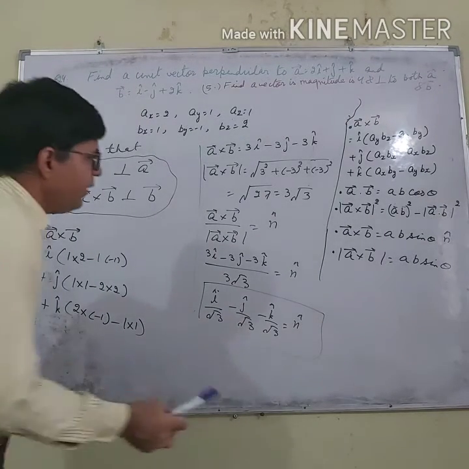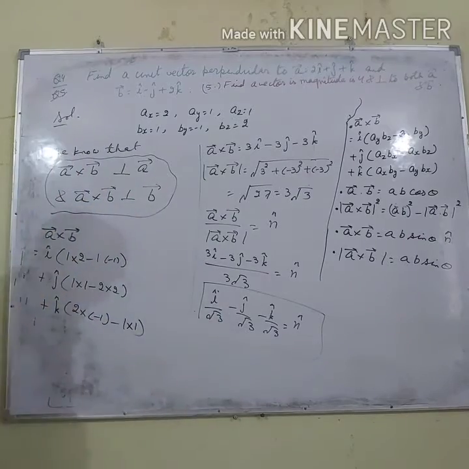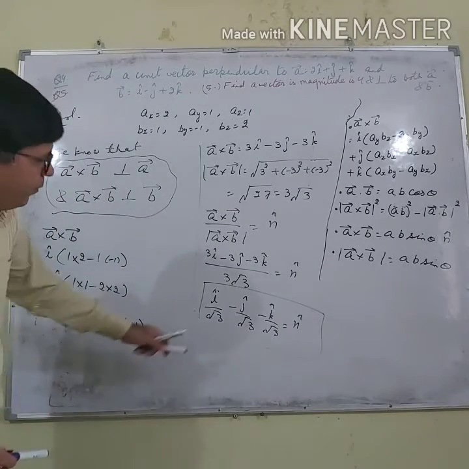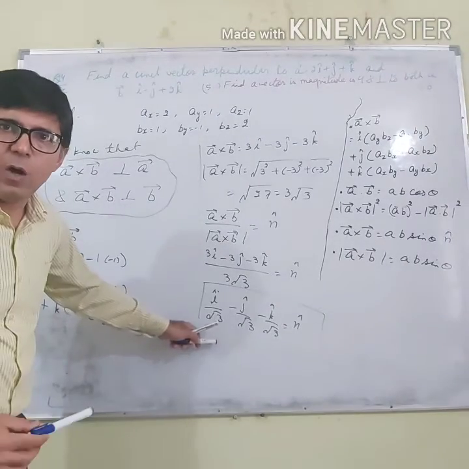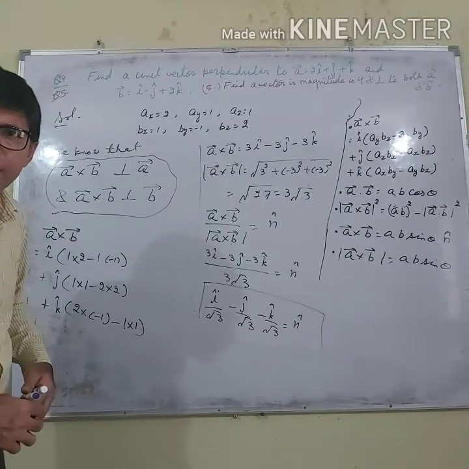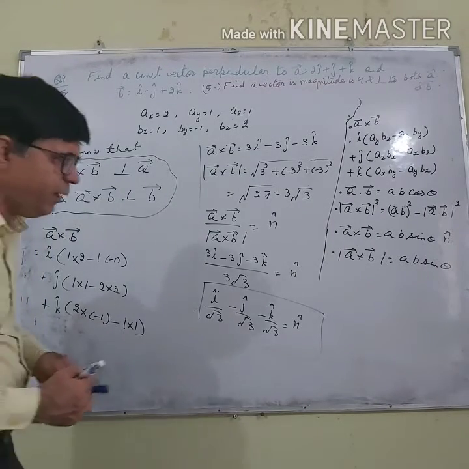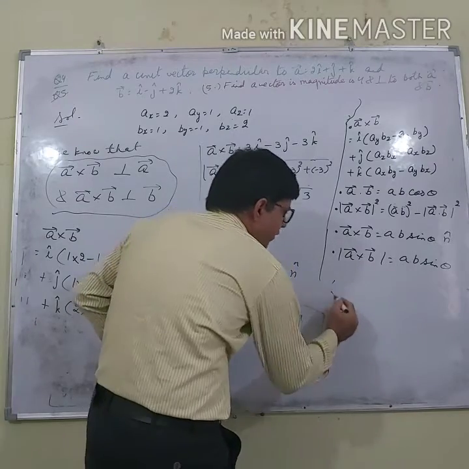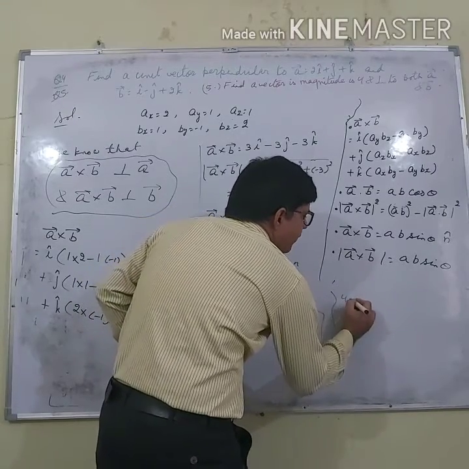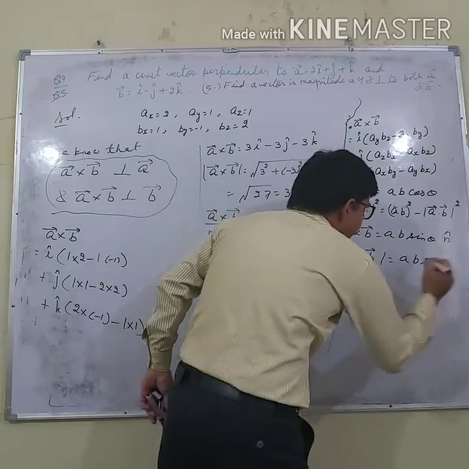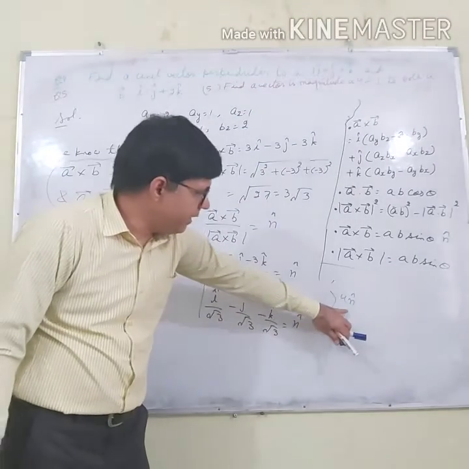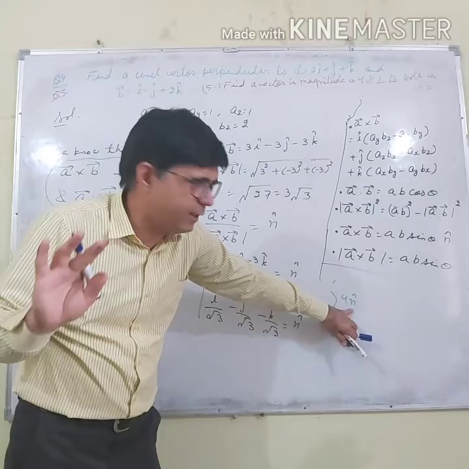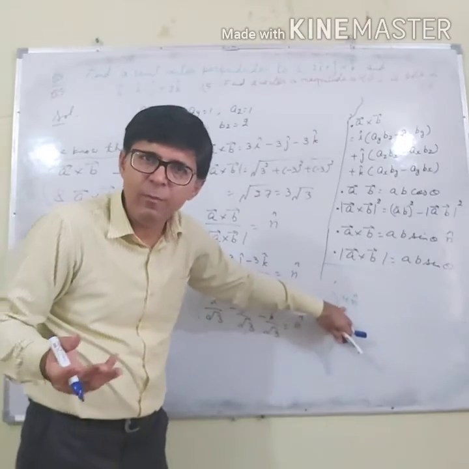See, the unit vector which is perpendicular to both A and B we have found here, but its magnitude is 1. So how can I find a vector whose magnitude is 4 and perpendicular to both A and B? It's very simple. I will have to find 4n cap. N cap is a unit vector perpendicular to both A and B. It gives the direction, and 4 gives its magnitude.